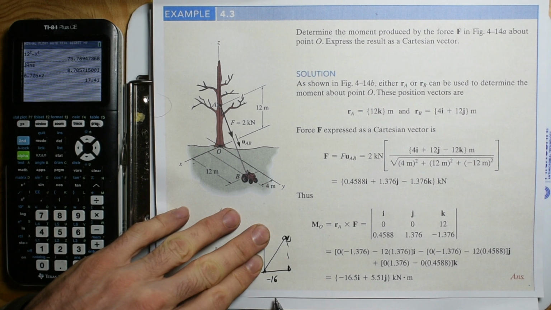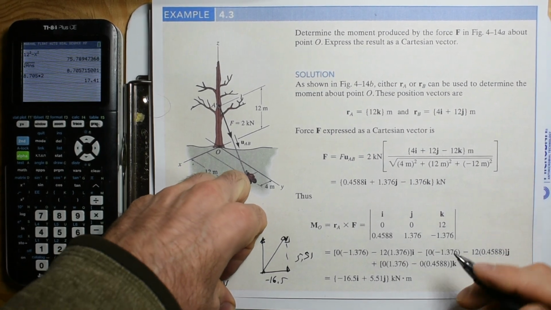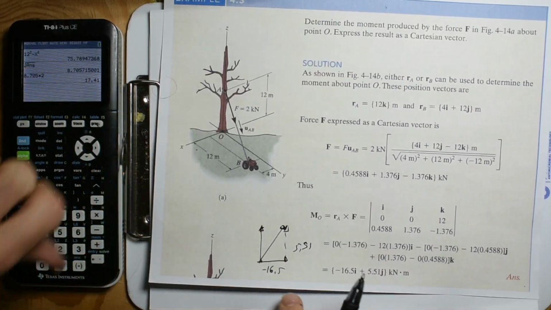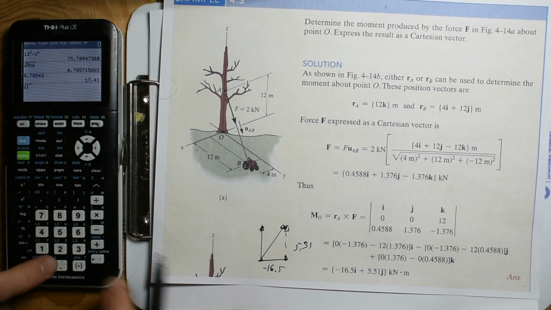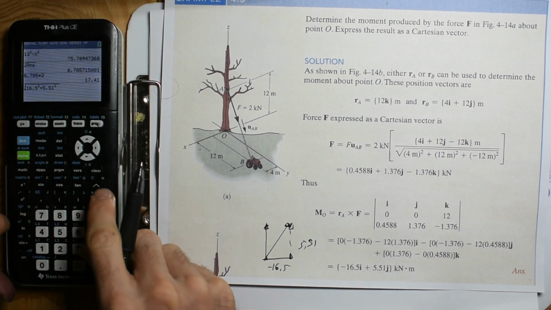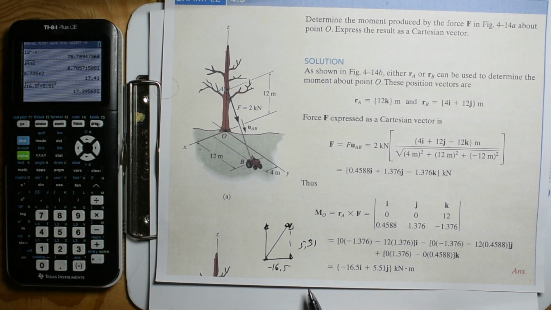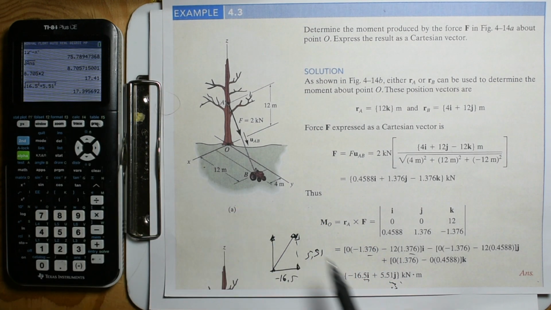Maybe this is negative 16.5 and this is 5.51. And so what would be this vector? Well, it's just squaring these and taking the square root. So we have 16.5 squared plus 5.51 squared, and we get 17.4. They rounded the hell out of this, but it's close enough, 17.4.